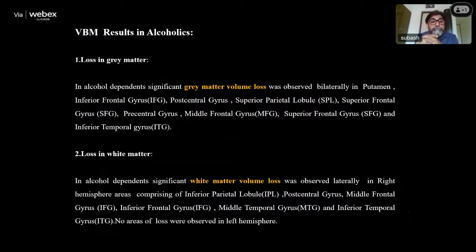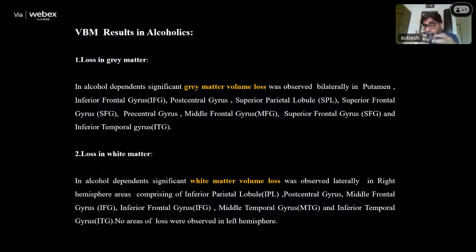And in alcoholics, we have found most of the losses were in the right hemisphere and not many areas of loss were found in the left hemisphere. That is probably the reason in alcoholics you don't find any language issues. You see an alcoholic person, he will lose all his senses, but his language skills don't get affected so easily.